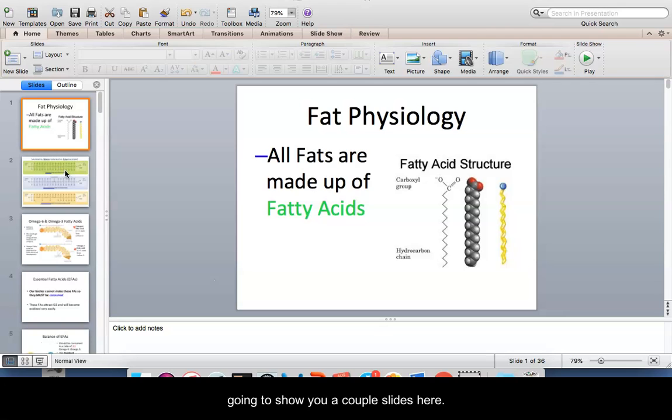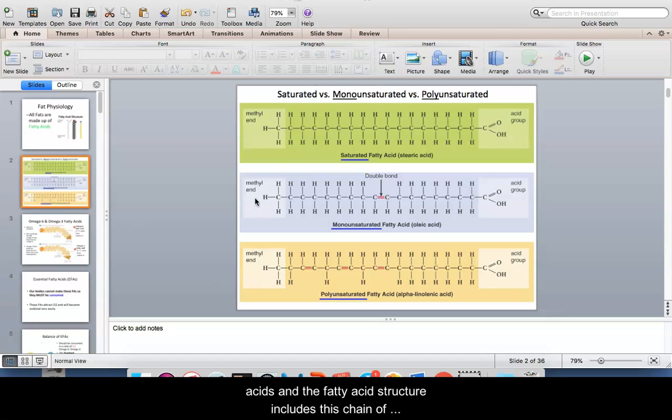So basically, all fats are made up of fatty acids, and the fatty acid structure includes this chain of carbon atoms linked together. And in this slide, you've seen this slide before because Dr. Gardner had this one.